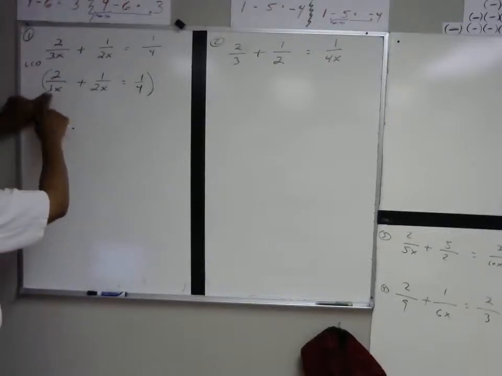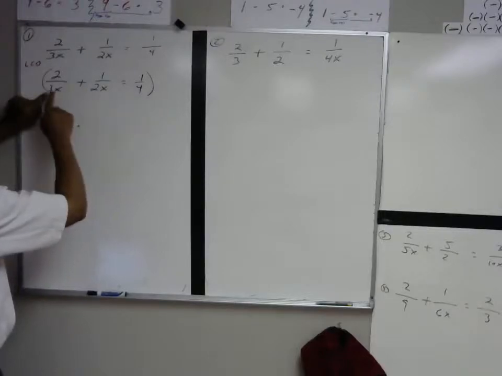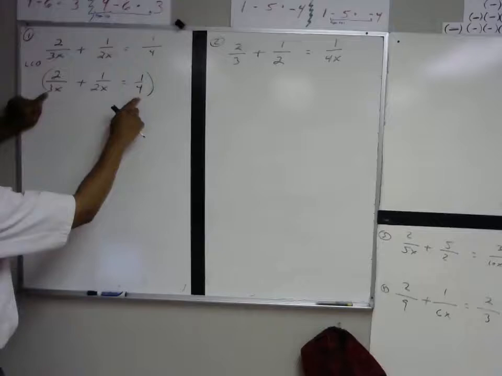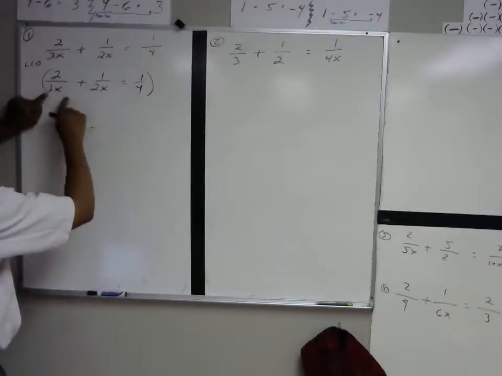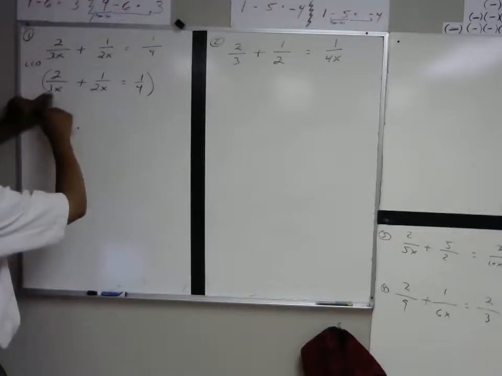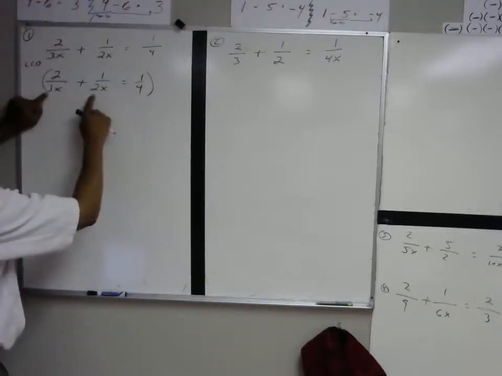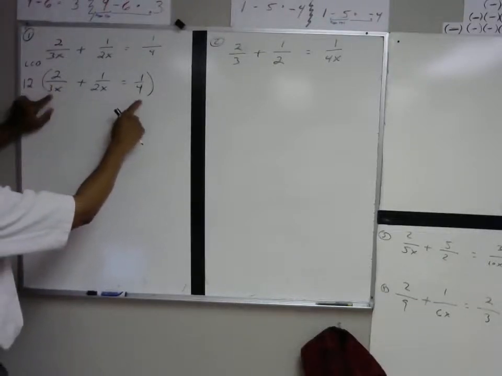Okay, so we have a 3, 2, and a 4. Think of their times tables. What's the first number they have in common, the lowest number they have in common? That would be a 6. No, I'm sorry, it would be a 12. 12 is in the 3 times table, the 2 times table and the 4 times table. So 12 is part of the least common denominator.